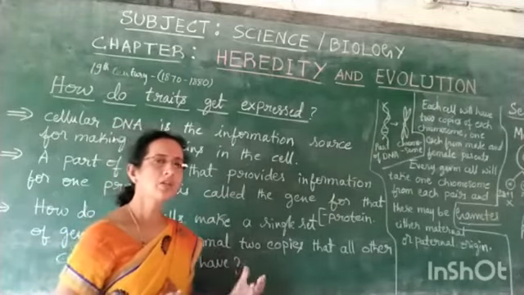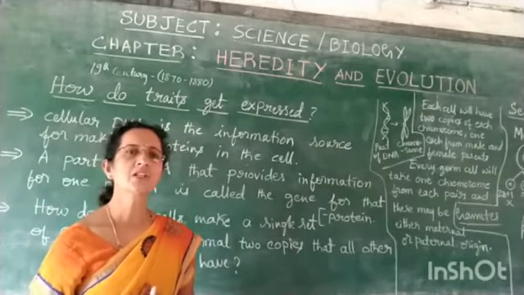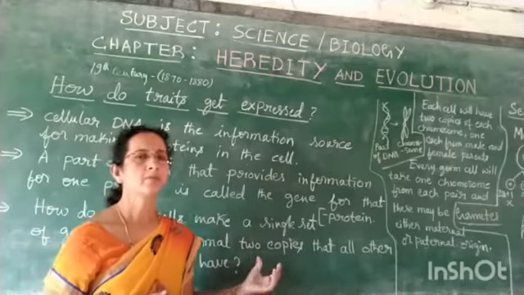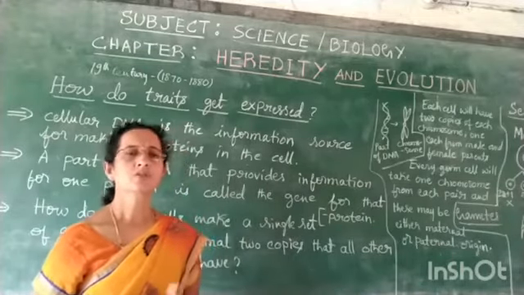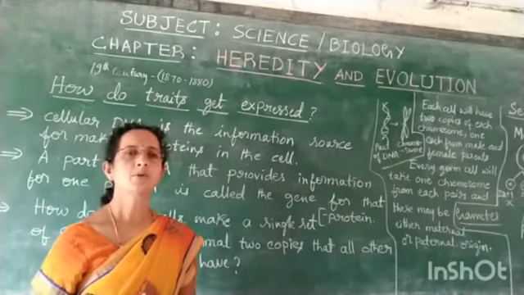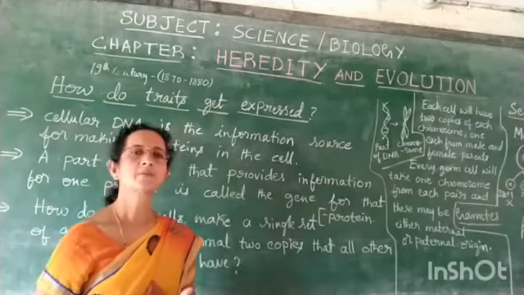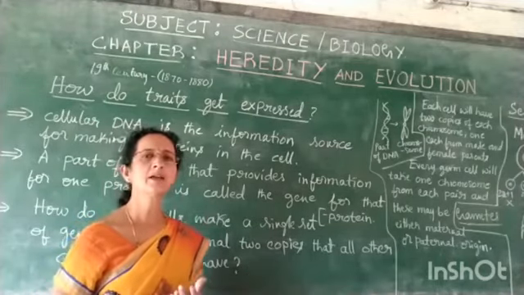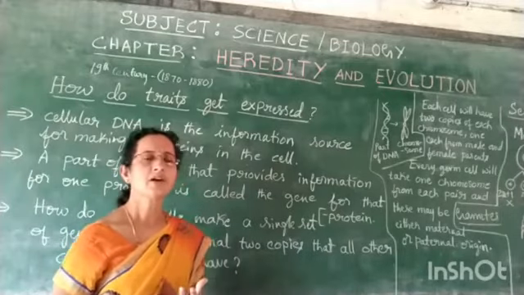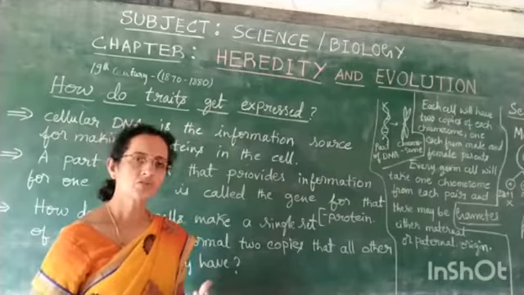If those growth hormones like auxins or gibberellins are not produced in sufficient quantity, that plant becomes dwarf. What are these hormones? These hormones are nothing but proteins. For the production of those proteins, that is hormones, particular genes will be present in the pea plants. That was confirmed or proved by Gregor Johann Mendel.